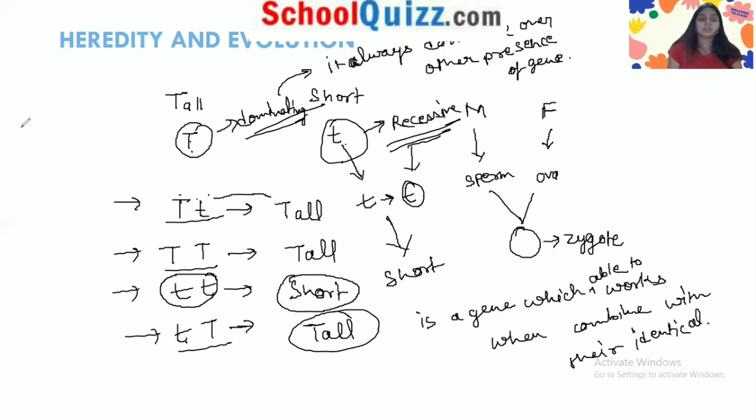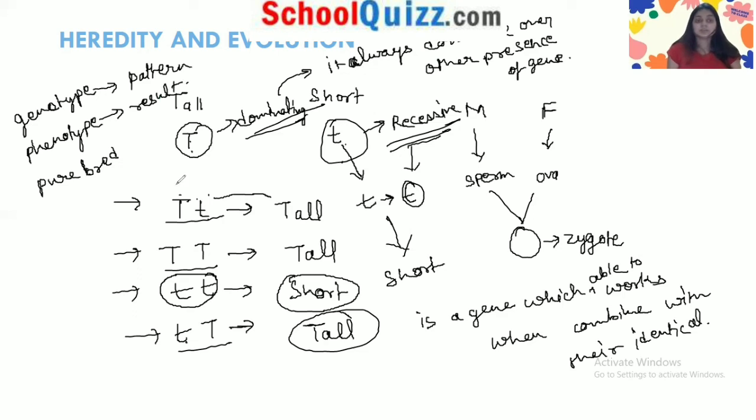And here there are three more terms: genotype, phenotype, and purebred. So what are these? Genotype is more like a pattern, and phenotype, you can say, is the result of the pattern.